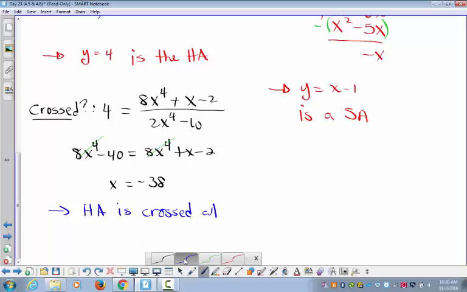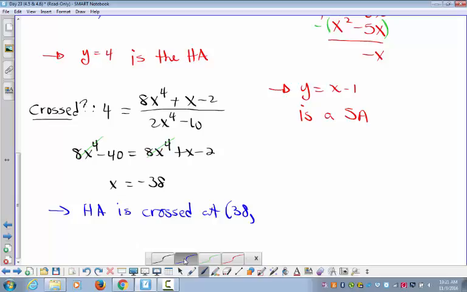at negative 38, comma, how do we find the y value of the crossing point? And do we have to plug it into anything, actually? Because the horizontal asymptote, it's y equals 4. Right? So all the y values along that horizontal asymptote are 4. And we're checking to see whether a horizontal line is crossed.